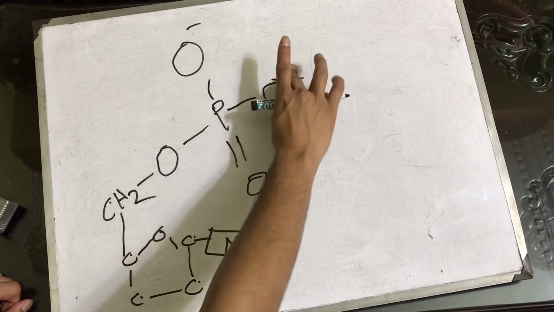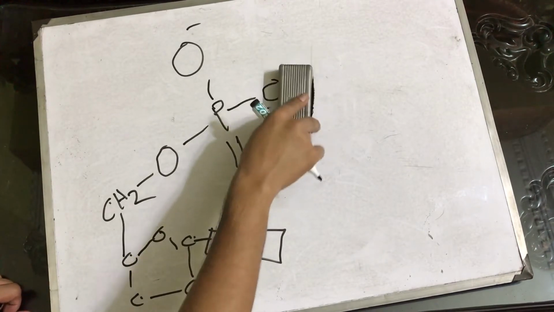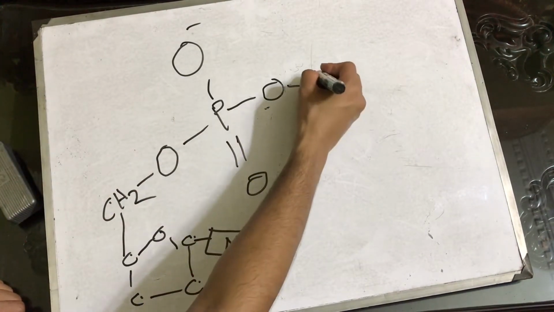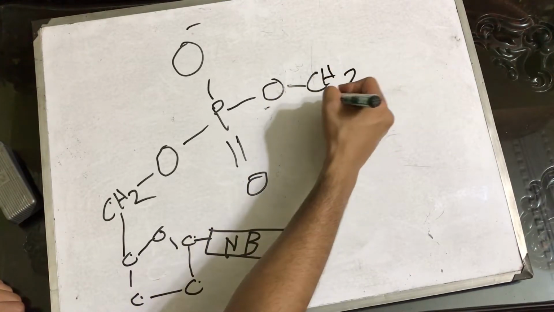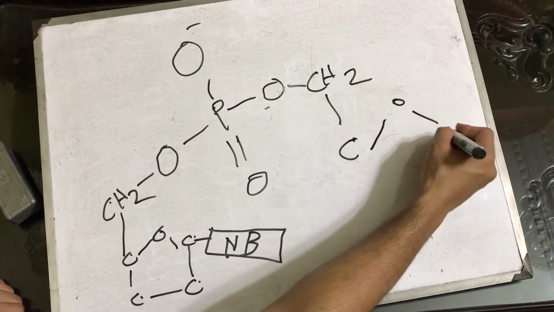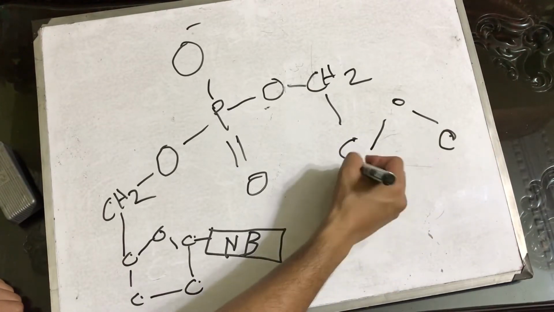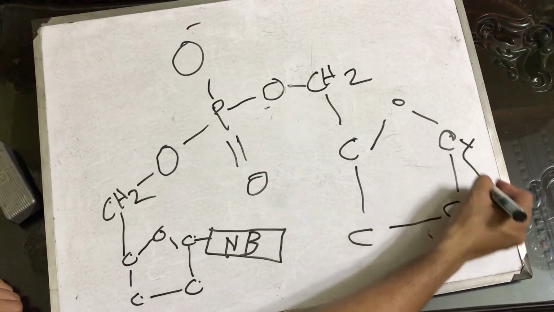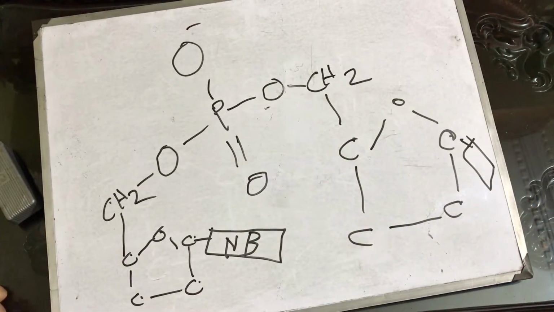This hydroxide will again form a bond like this with the next nucleotide, CH2, and there is CO, C, and this is the nitrogenous base.